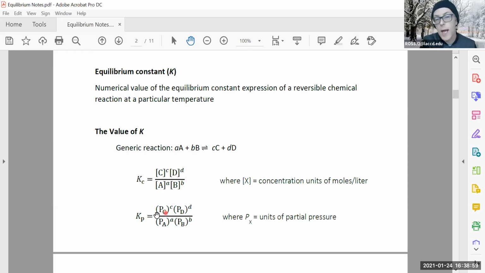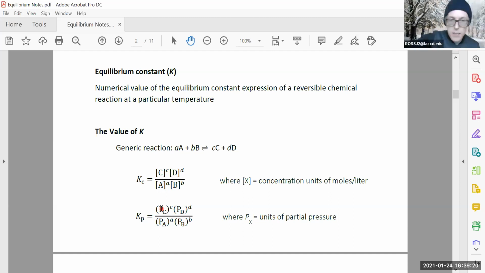We could also have a similar expression using partial pressures, where we have Kp here, P means partial pressure. We have the partial pressure of the products raised to the molar coefficients divided by partial pressure of the reactants raised to their molar coefficients.